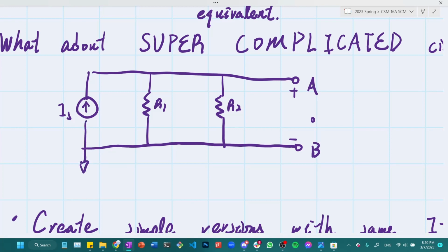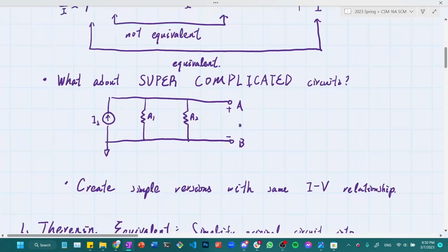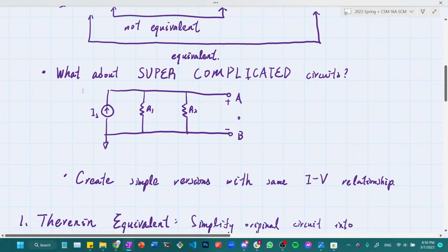Okay, but now that I have put the circuit back in place, let's copy this into where it belongs.